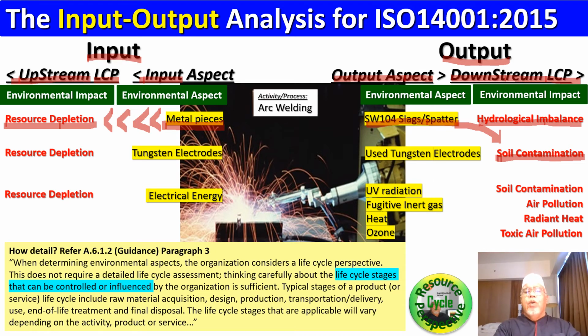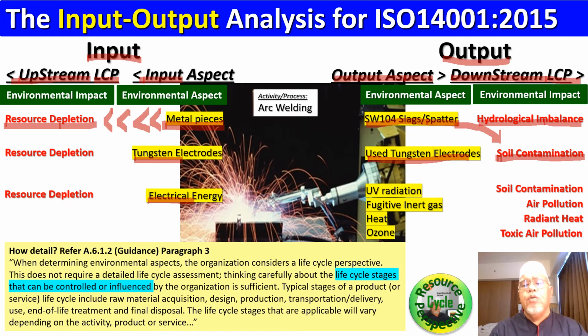So you have the other environmental aspects as input, for example, tungsten electrodes, when we have got what you call arc welding, perhaps using tungsten, and you've got a lot of electrical energy being involved, and you've got a used tungsten electrode which is disposed of, and when electrical energy is involved, there's a lot of radiation.